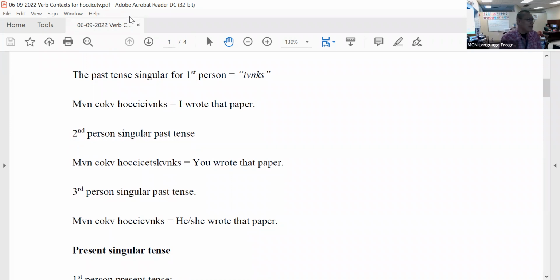Now when I put skunks on the end of hotejida, it becomes hotejid skunks. Now I can say choga hotejid skunks. You wrote that paper.